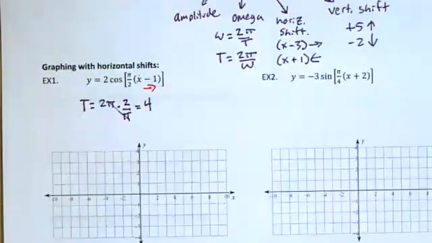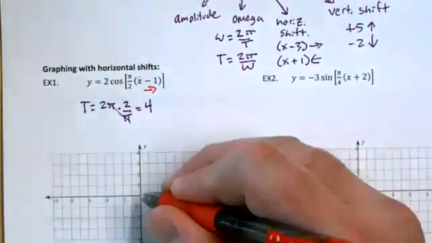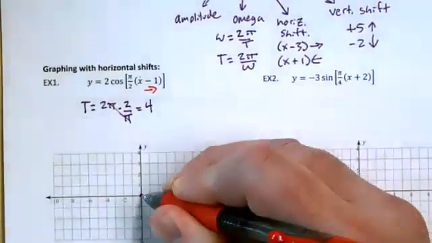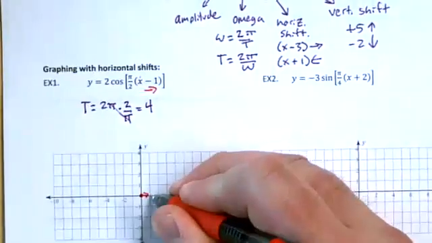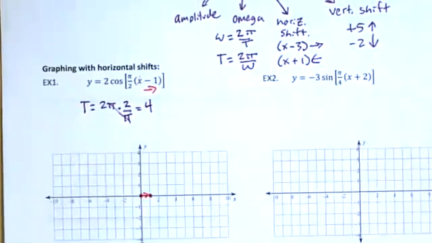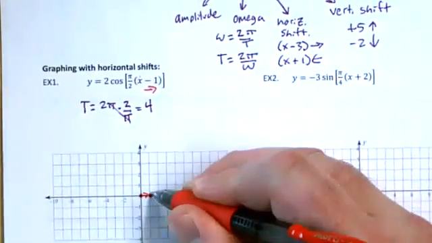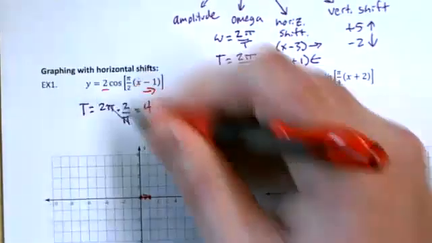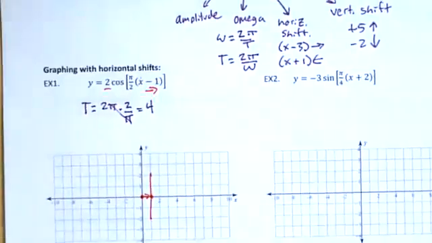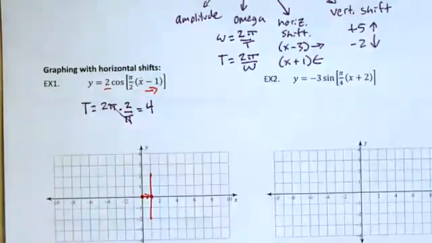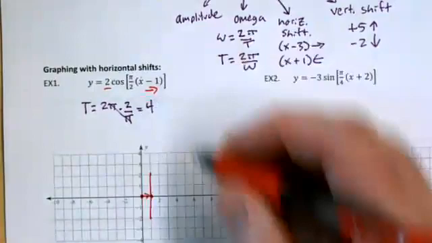So the only thing that's different for us right now is that our anchor point's no longer going to be at the origin. We're going to shift our anchor point 1 unit to the right. So we'll be anchoring at this point here. And this is where we're going to start drawing our box. So our amplitude is going to tell us how far up and how far down. Amplitude's 2, so we'll go up and down by 2. T or period tells us how wide to make the box.